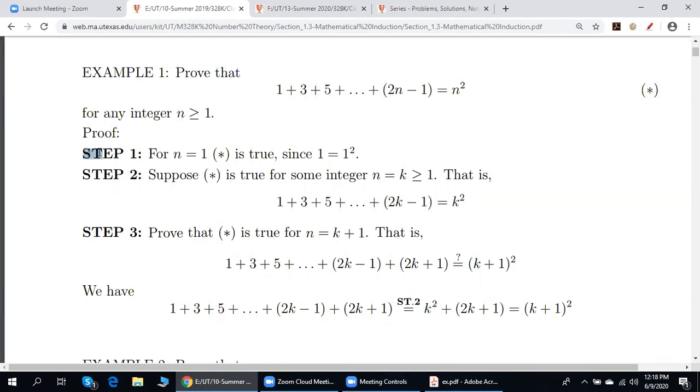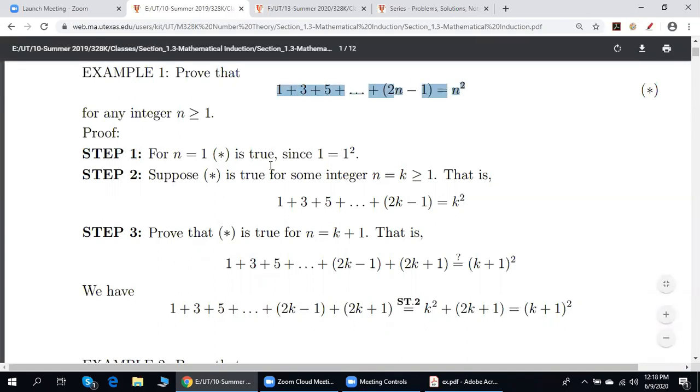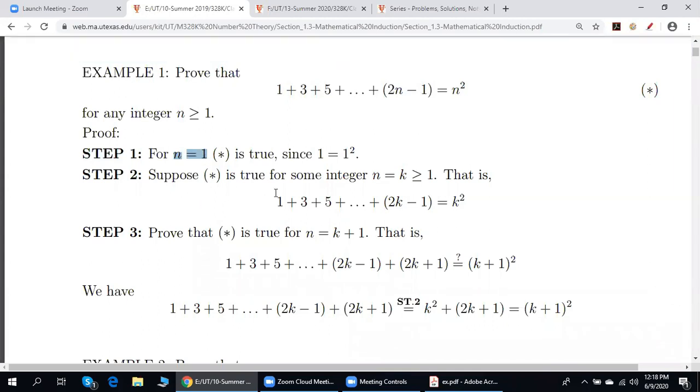Since we know that this is true for n is equal to 1, and since we know how to jump from case n is equal to k to case n is equal to k plus 1, in other words, thanks to the combination of step 2 and step 3, we are able to jump from n is equal to 1 to n is equal to 2.